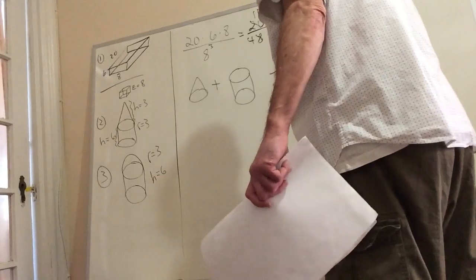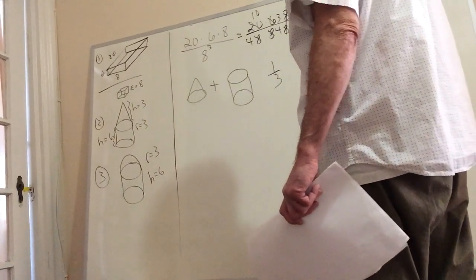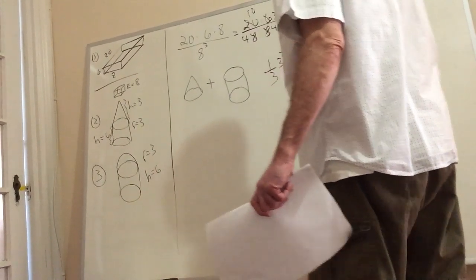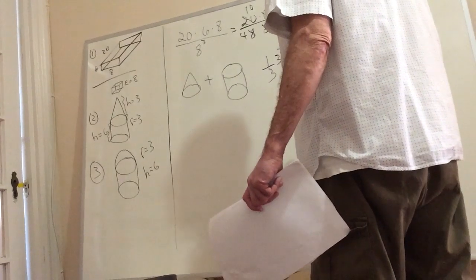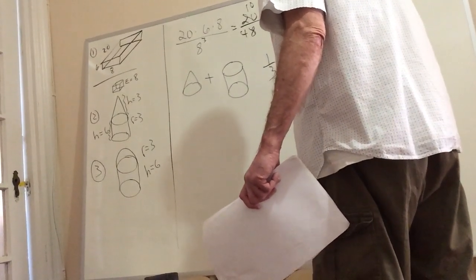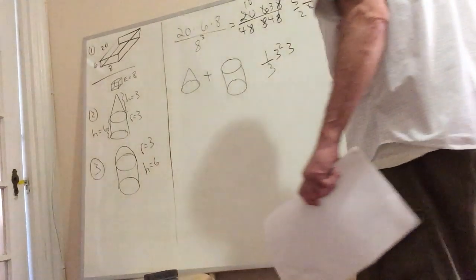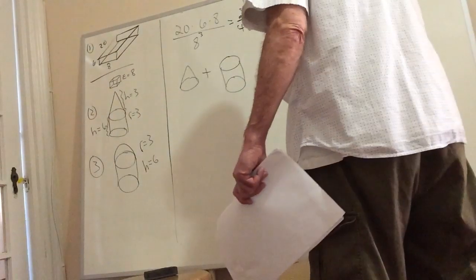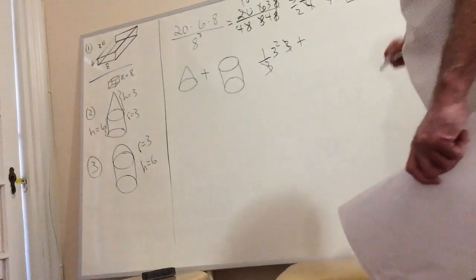So the cone is 1/3. The radius, which it shares with the cylinder, is 3 squared. And the height, as mentioned before, is 3. So there we are. Pretty easy thing. The 3's are going to cancel right away. I did that before I even did the cylinder.